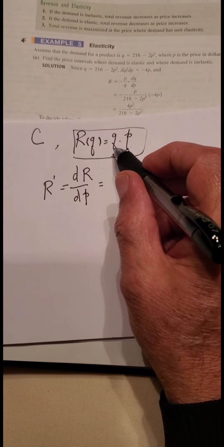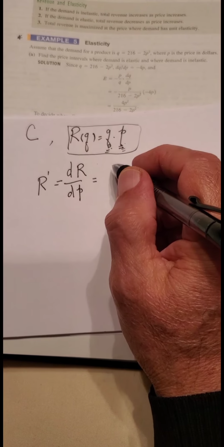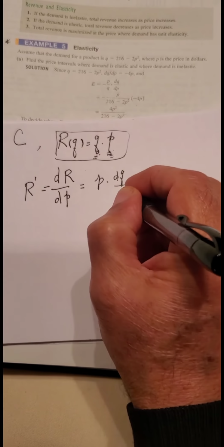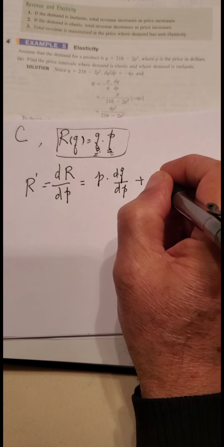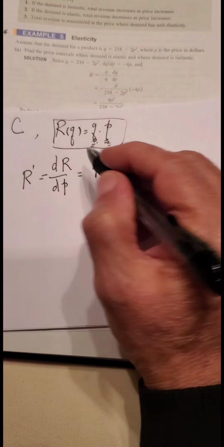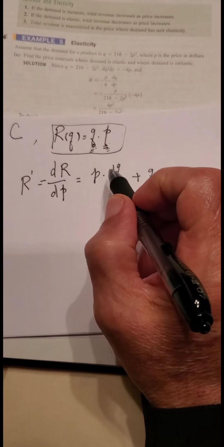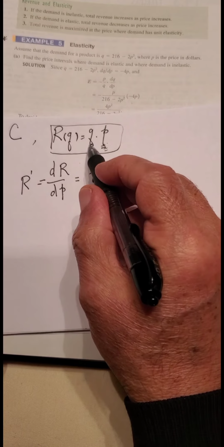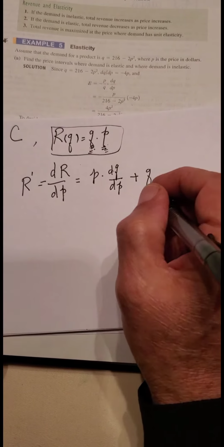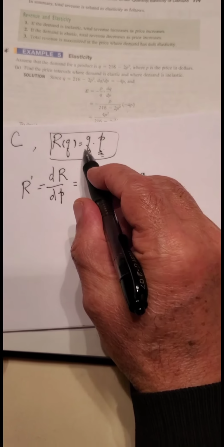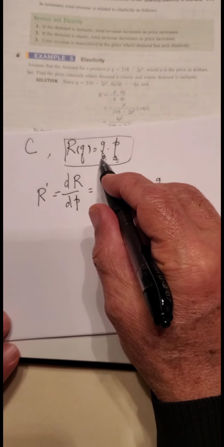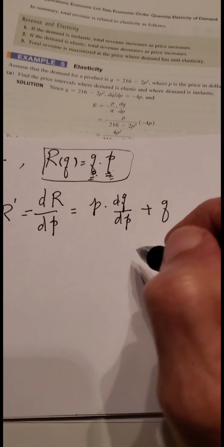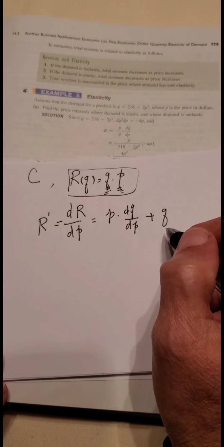Derivative of Q with respect to Q is 1 times P, so it would be P times dQ divided by dP, and then plus Q, because the derivative of this with respect to P would be Q. So you remember that we are taking the derivative of R with respect to P. That means Q is constant with respect to P. So if that is QP, like 2P, the answer would be 2. If it's 5P, the answer would be 5. And if it is QP, the answer is Q. Therefore, this is what we have so far.